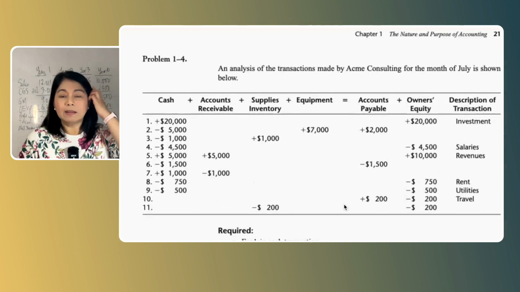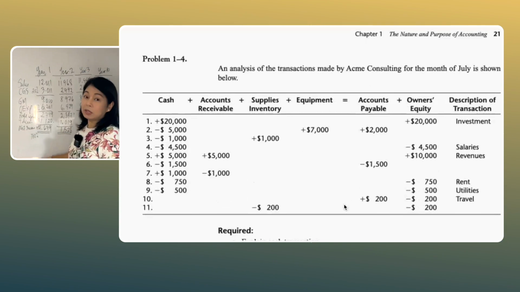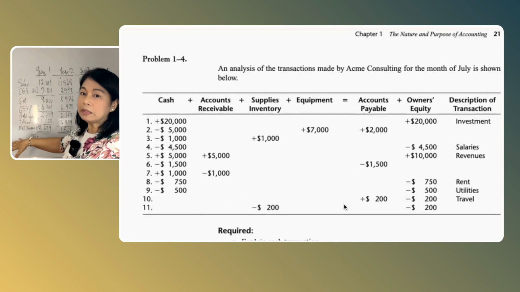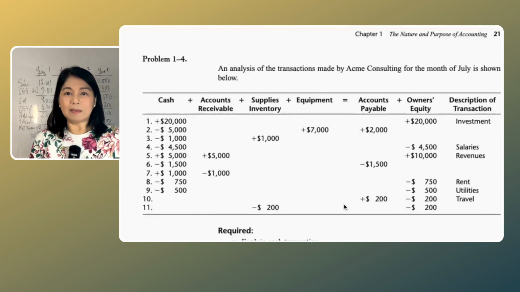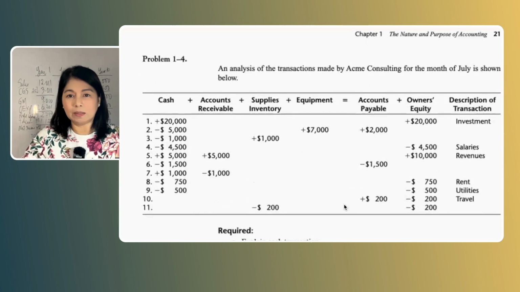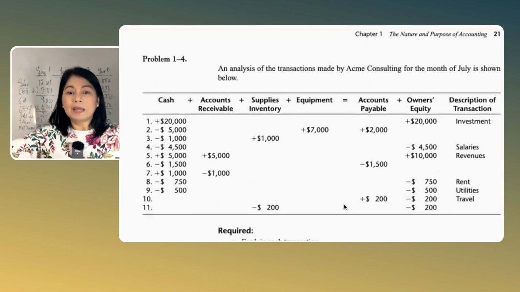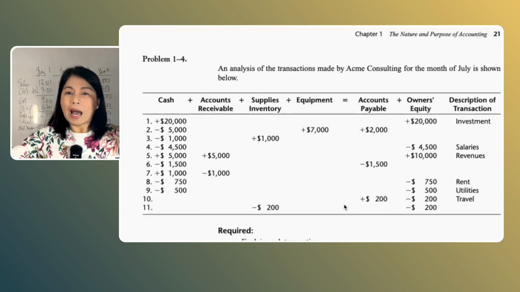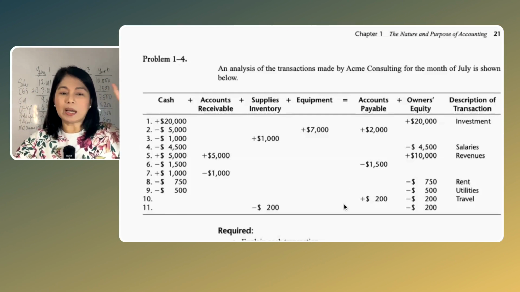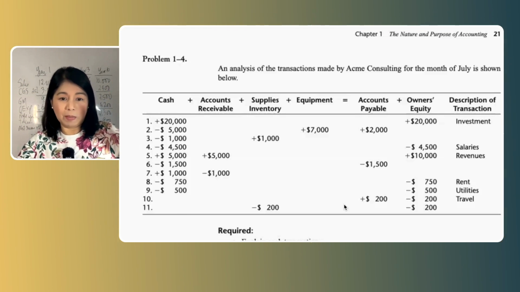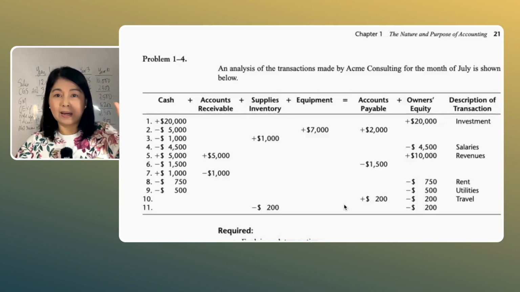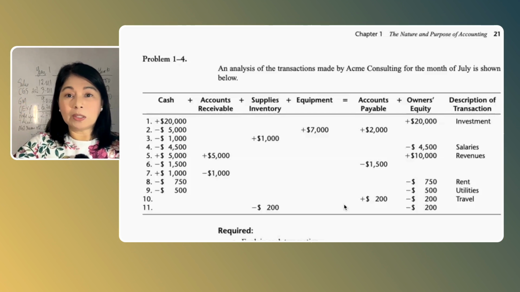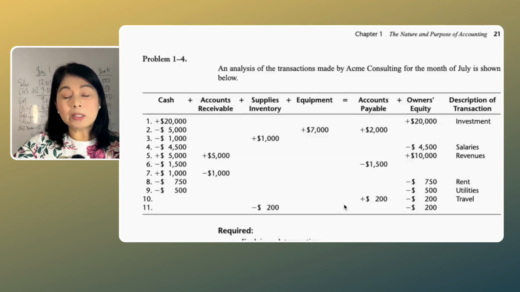Here, instead of what we had in the first problem, cash above and liabilities here, this is not a financial statement. This is like a worksheet. So you have at the top the equation: assets equal liabilities and owner's equity. Assets consist of cash, accounts receivable, supplies, inventory, equipment, so both current and non-current, which is the equipment. And then liabilities and owner's equity, the right side of the equation, consist of accounts payable and owner's equity.